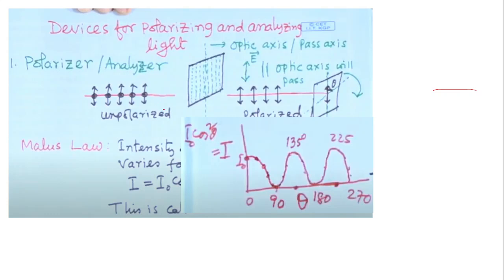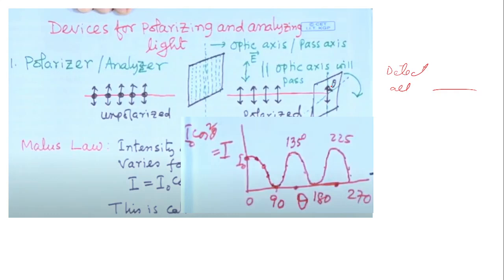Other electric field variation directions will not be there. So we'll get plane polarized light, and when we pass it through this same device again, if the optics axis for this material is parallel to the electric field variation direction, then all the light will pass and we'll be able to detect all of it in the detector.